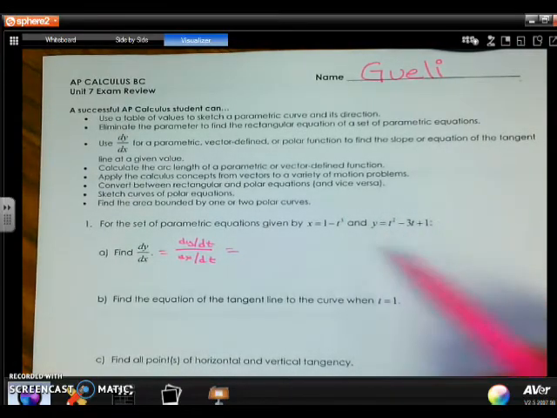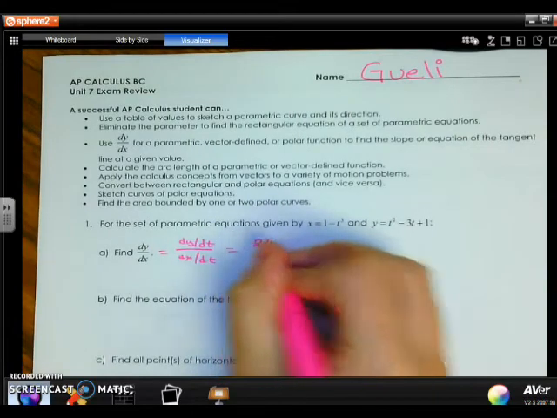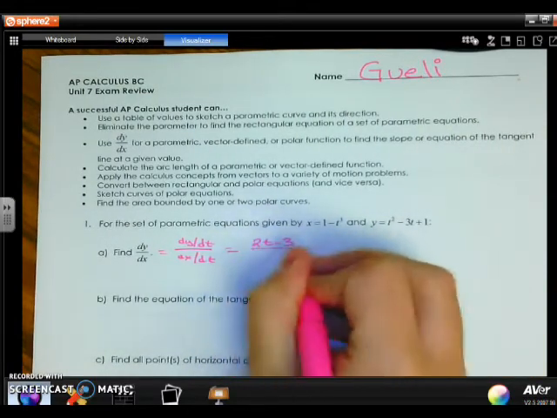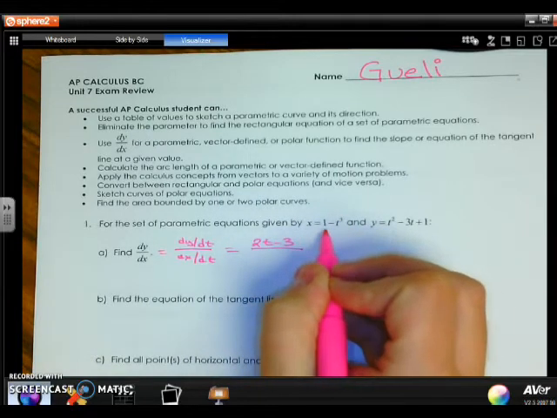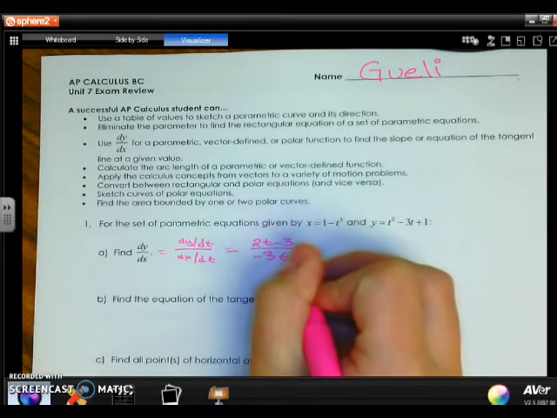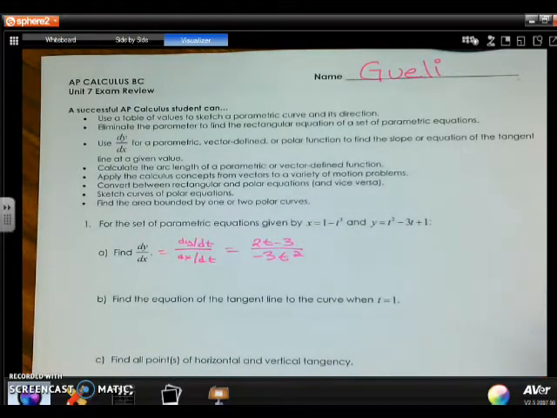The derivative of y is 2t minus 3, over the derivative of x, which is negative 3t squared. You can't do anything with that, so there's your final answer for that part.